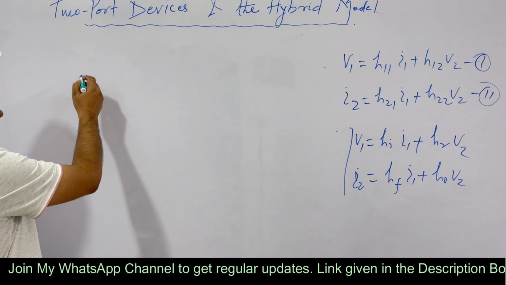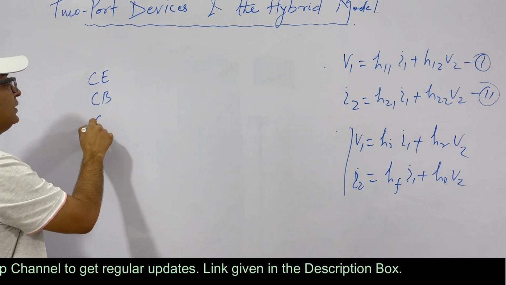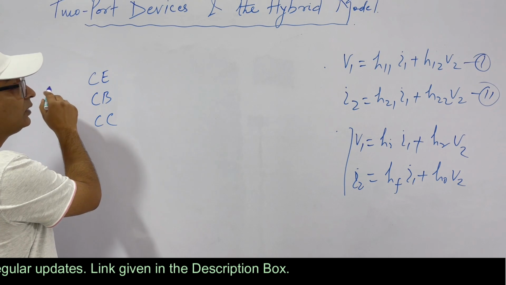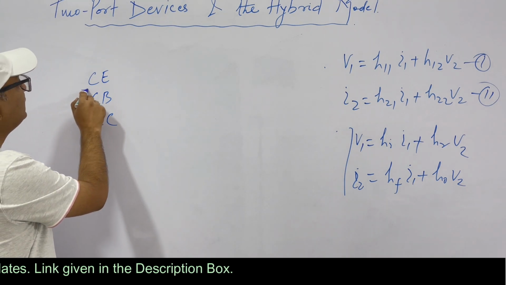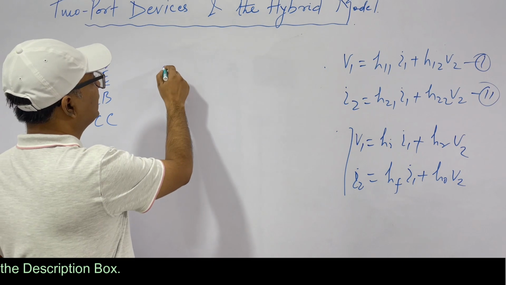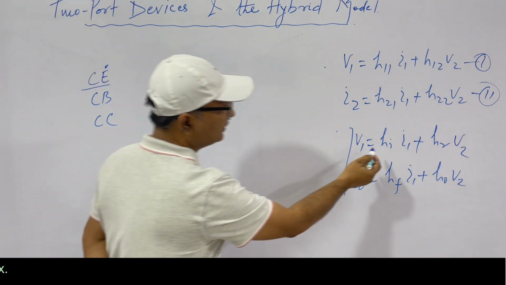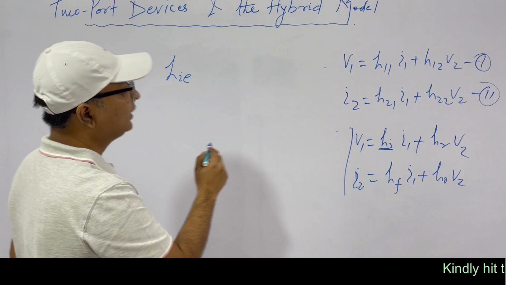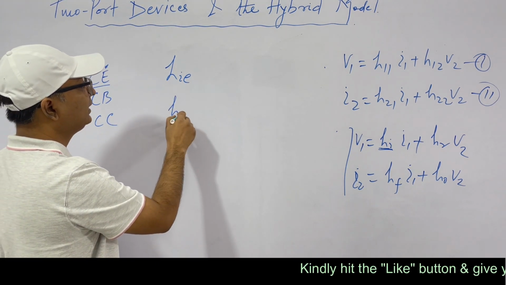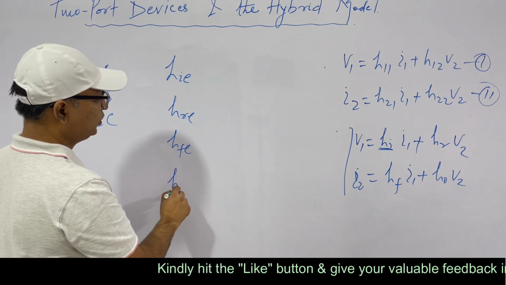Now the next thing about BJT. We use BJT in three configurations: CE, CB and CC. When we are dealing with a two-port network in CE configuration, we use E in the parameter. HIE means this HI, H11, in CE configuration. So in CE configuration we'll write HIE, HRE, HFE and HOE.